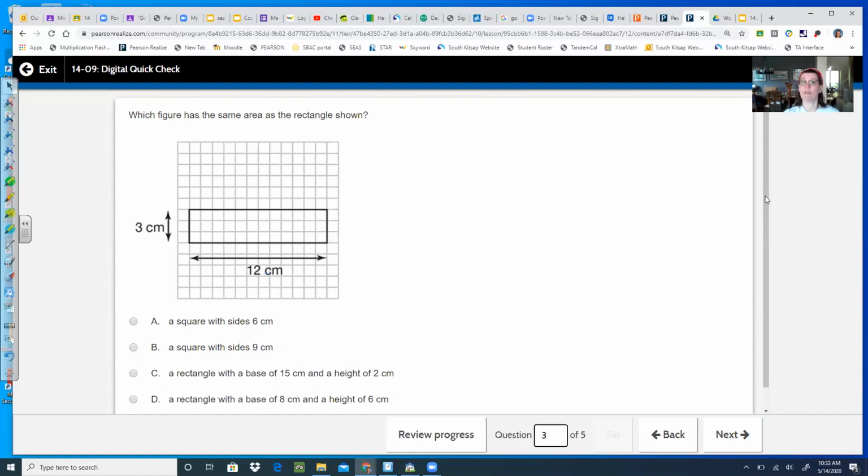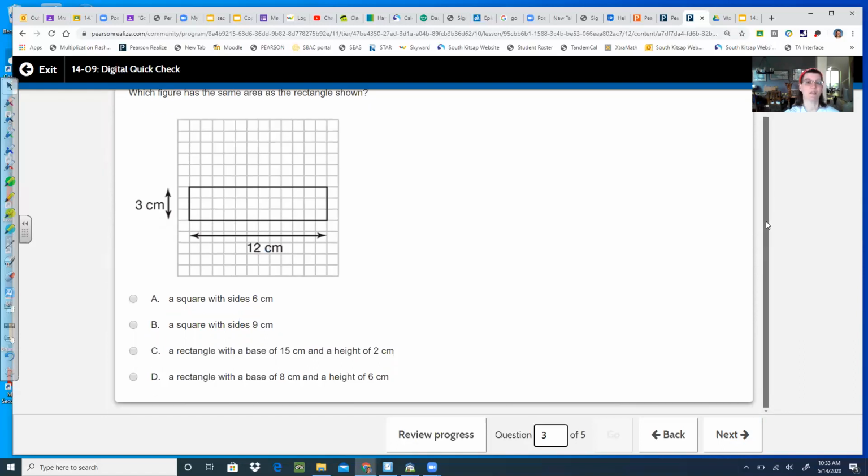So then you have to think, okay, now I need to find something that has the same area. A square with sides that are 6. So that would be area equals length times width, area equals 6 times 6. Is that going to give you the same area as this one? And a square with sides of 9. Is 9 times 9 going to give you the same area?